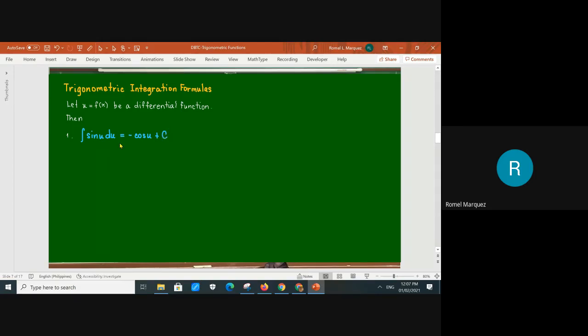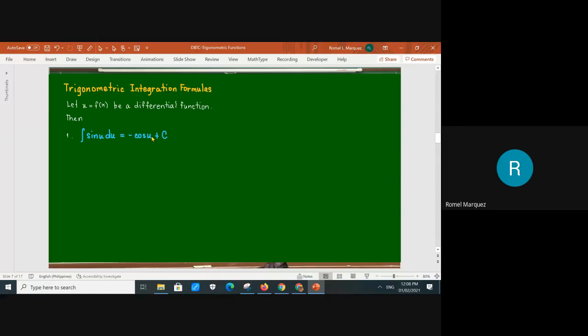Okay? So, how can you verify that this is really the integral? All you have to do is get the derivative of cosine u and then multiply by du because we have the differential. What is the derivative of cosine? Negative sine. But this is negative, therefore negative times negative is a positive sign.